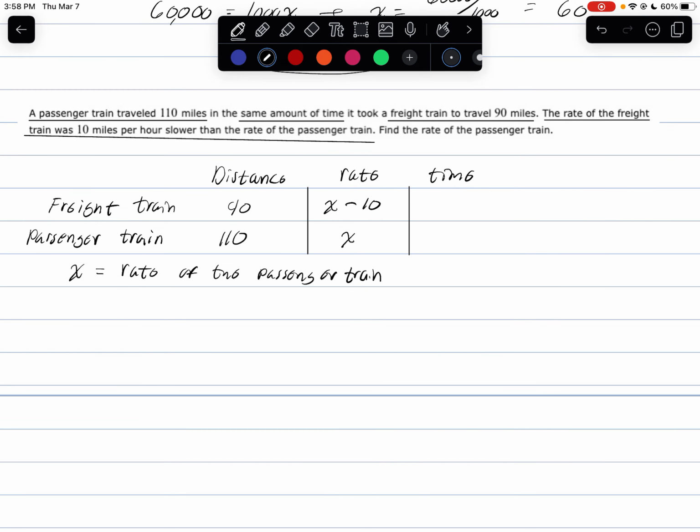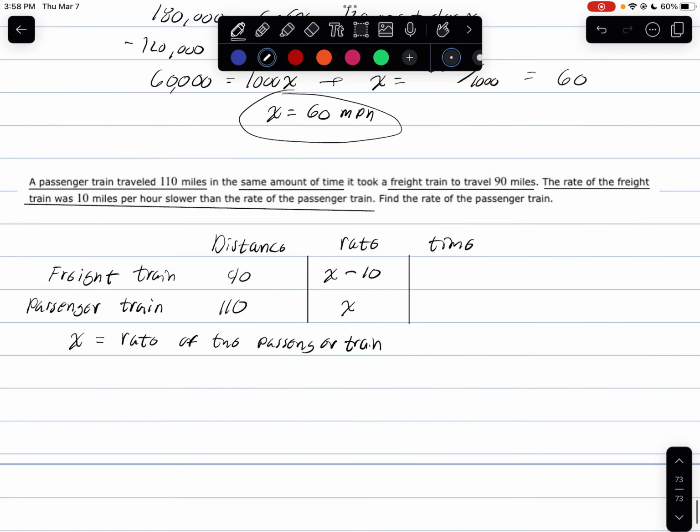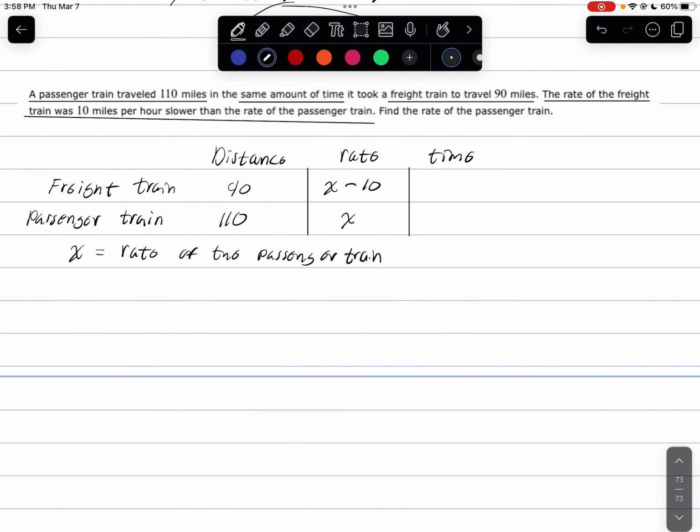And remember, if we solve for time again, just like last time, t is equal to d over r. So the time for the freight train is the distance divided by the rate, so this is 90 over x minus 10.